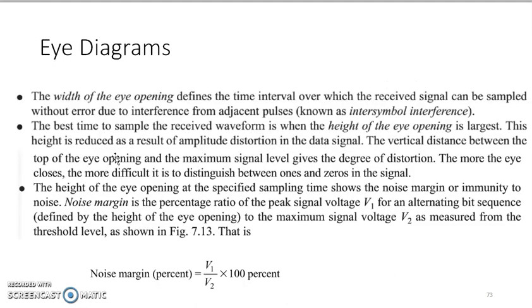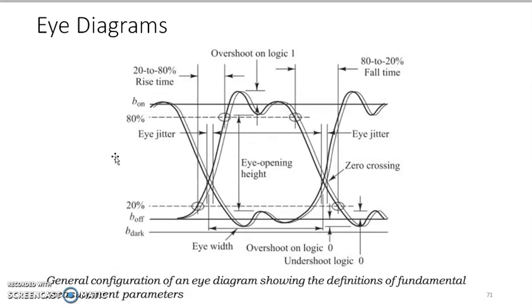Some of the parameters of the eye diagram we need to go through here. Generally, eye parameter measurements are made in the time domain. The basic upper and lower bounds are determined by logic 1 and 0, shown by the V on and the V off here.